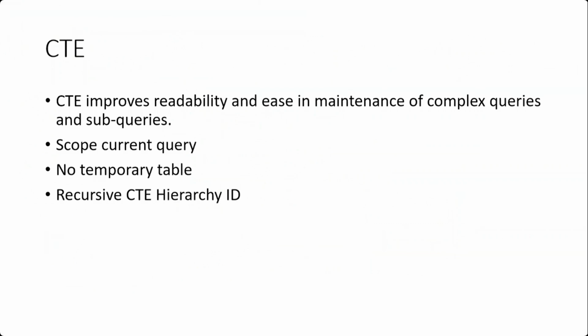A common table expression, you create it once, and it cannot be used anywhere we want. It can be used only with the query which immediately follows the common table expression. Its advantage is that no temporary table is created in memory. And we'll also see there is an option for me to access data in a recursive manner. So these are some of the advantages of the feature called common table expression.